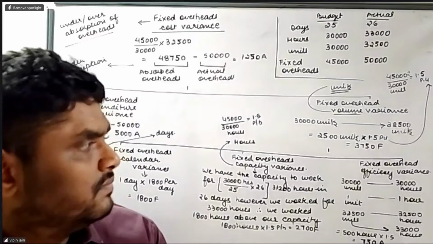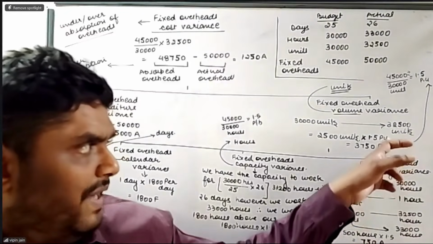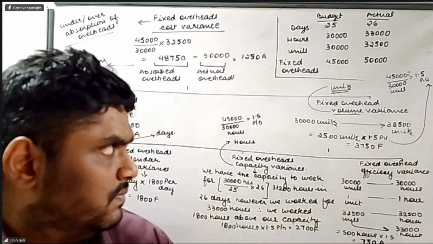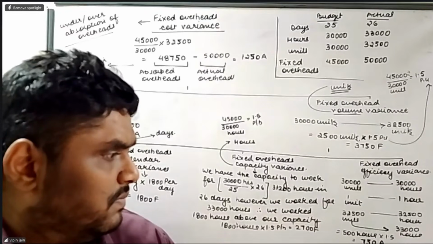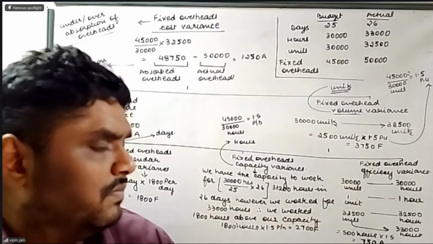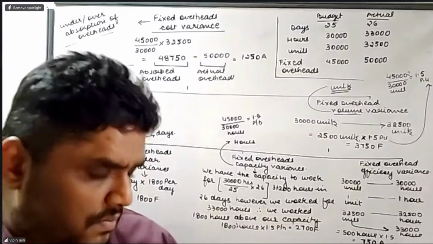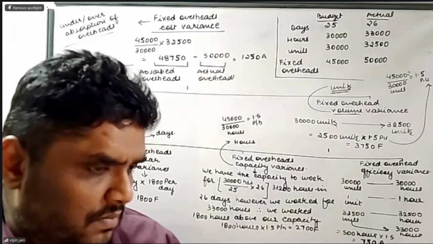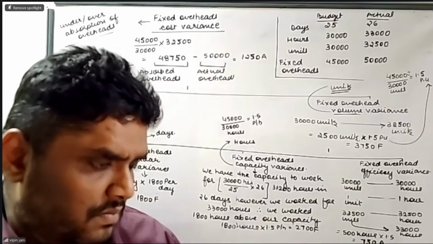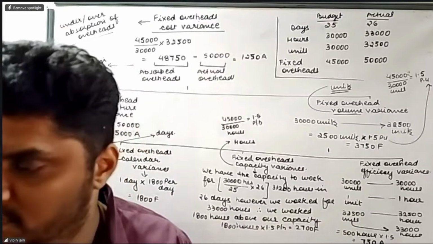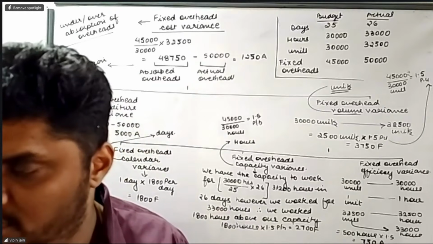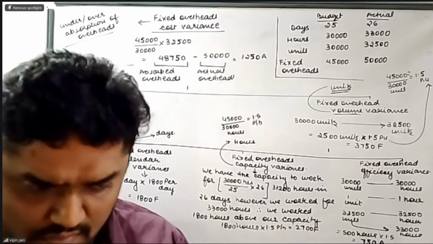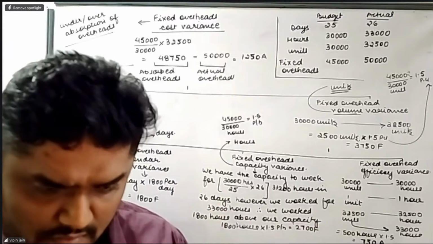So for that we have to apply the normal budgeted capacity rate, because we have to present it in a normal capacity manner. In order to make it accurate, we'll be using the normal rate.